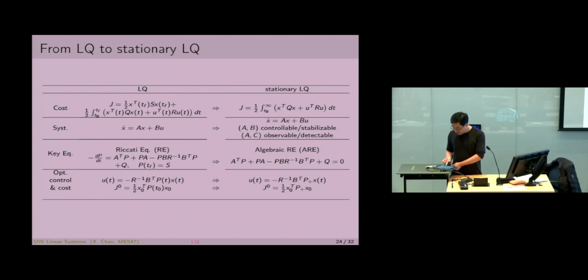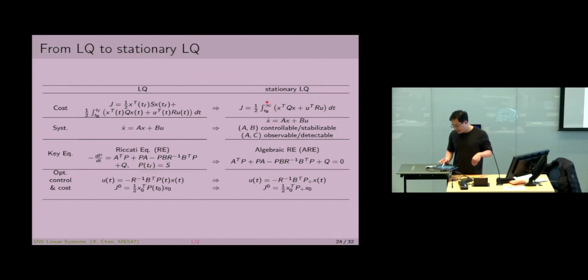In summary, here are the main equations as well as results for LQ and stationary LQ. In the LQ problem, the performance index has a terminal cost and the integration is finite horizon. In the stationary LQ, there's no terminal cost, and the integration is infinite horizon. For the system dynamics, in a regular LQ problem, not stationary, we don't need controllability and observability.